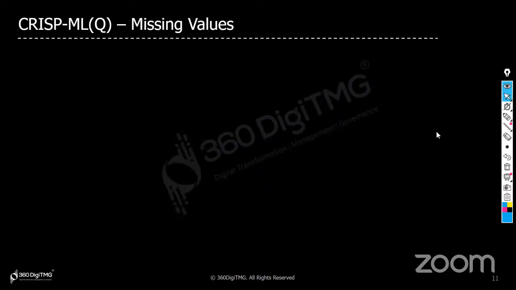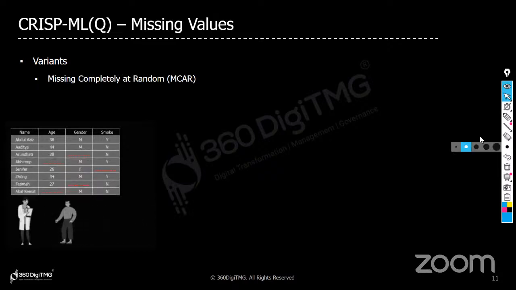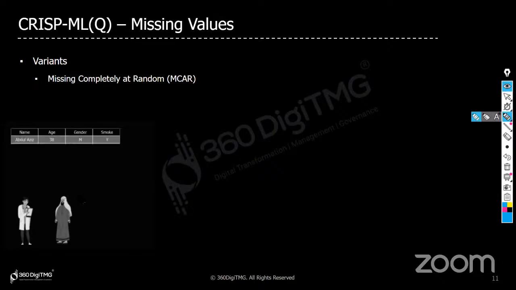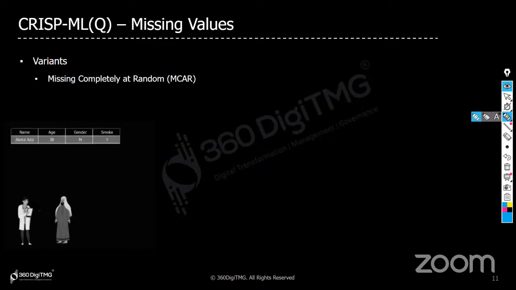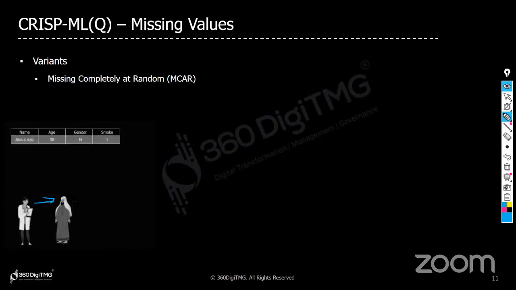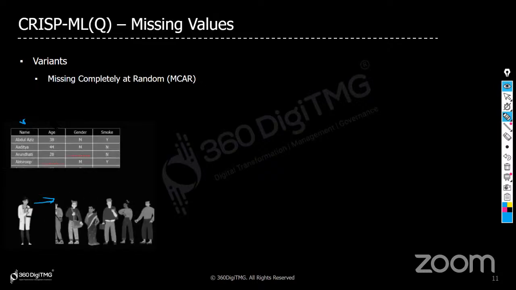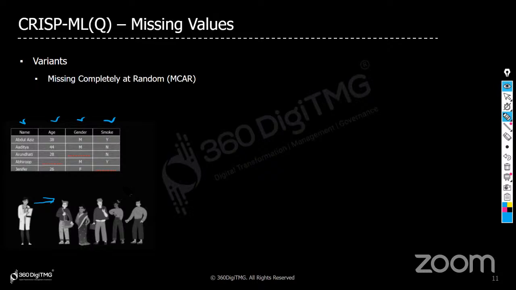The next important one we have is missing values. What is this about? There are three variants of missing values. The first one is missing completely at random. Here there is a small nice example. Suppose a doctor is entering the details of patients. When one patient came at first, he entered the name, age, gender, as well as whether he smokes or not. After that, a lot of patients are coming at the same time.